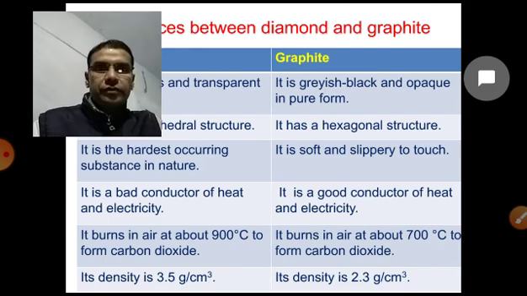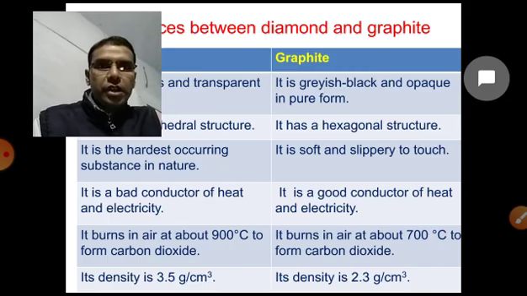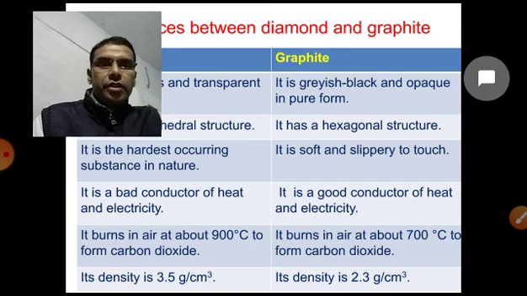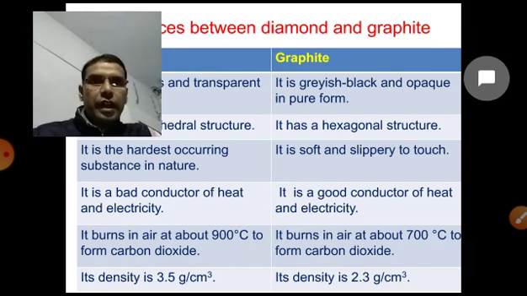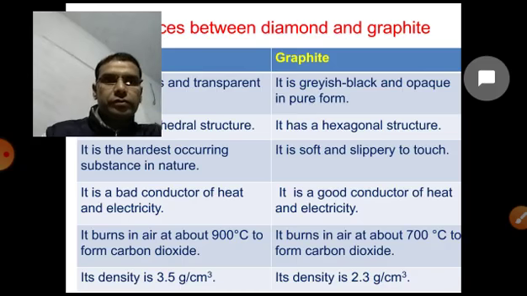Next property, its density is 3.5 gram per centimeter cube in the case of diamond, but the density of graphite is lesser than diamond. That is, its density is 2.3 gram per centimeter cube.